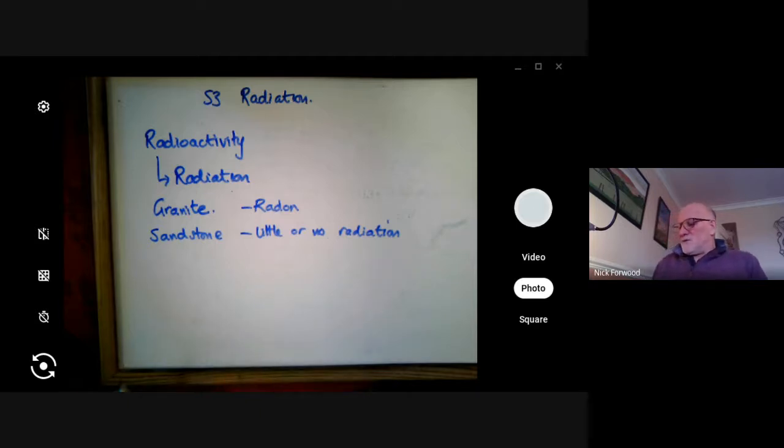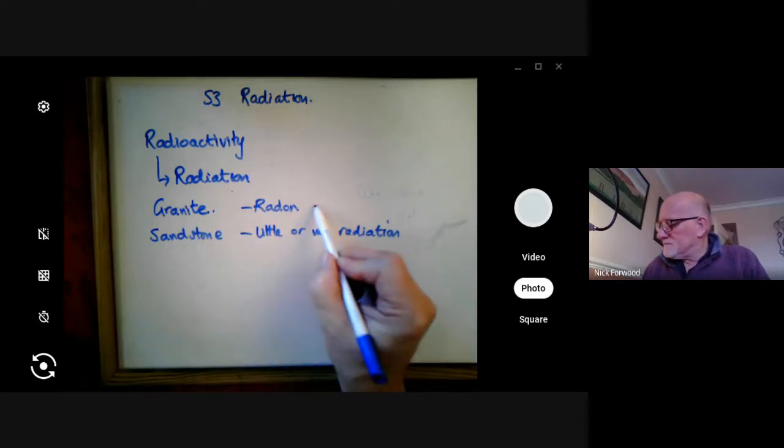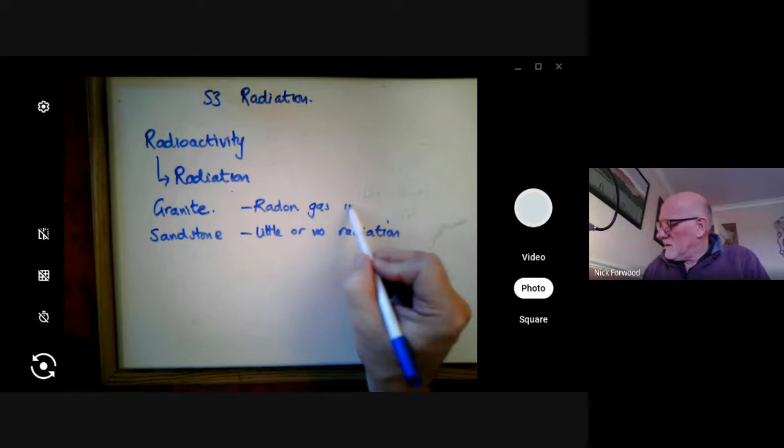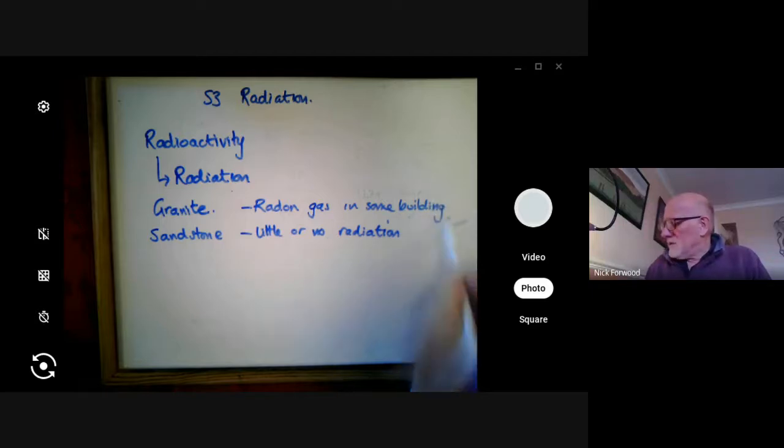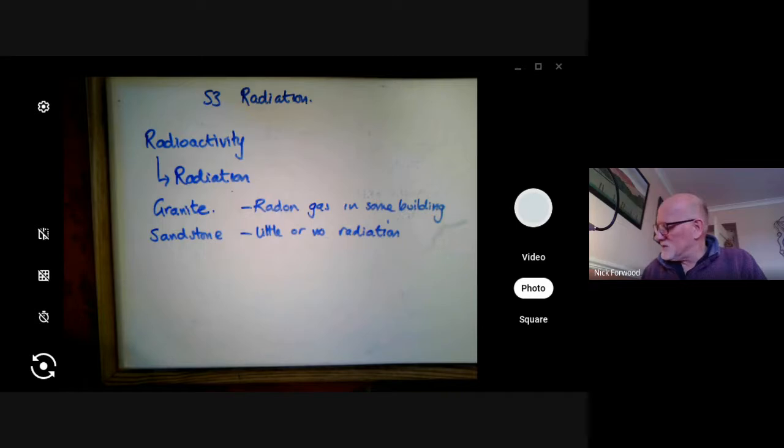I thought I'd just give you a bit of a local flavor there. So radon gas in some buildings, it's not just school buildings, but any building that's built on granite, they would have to do a radioactivity check to make sure radioactivity is kept as low as possible.